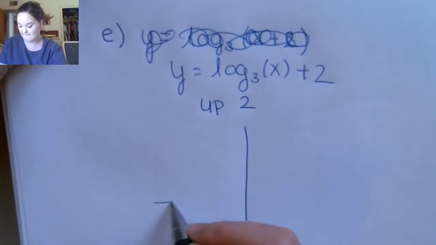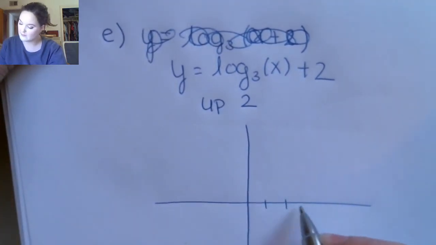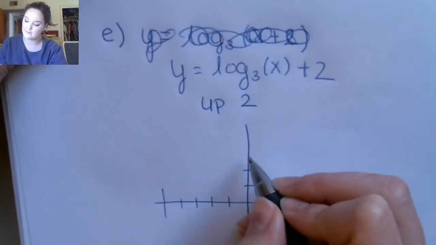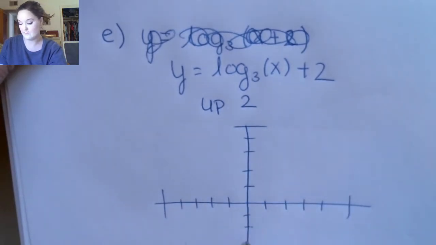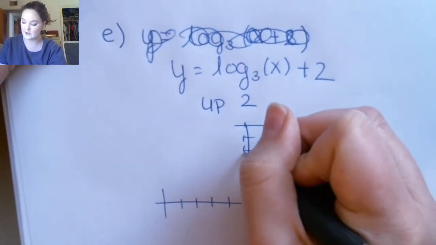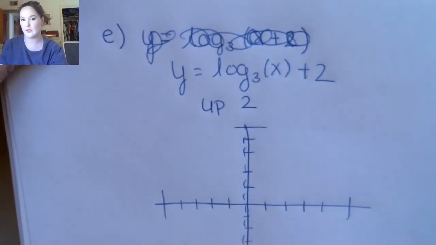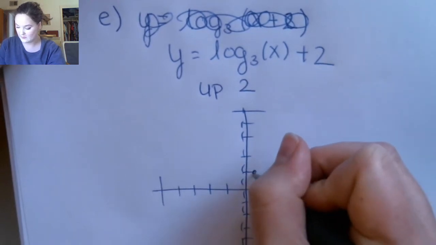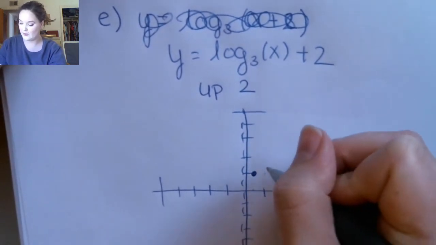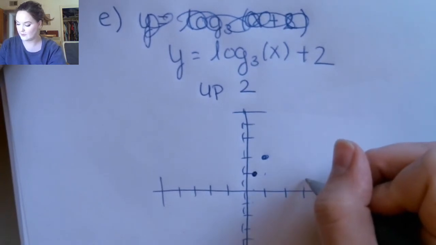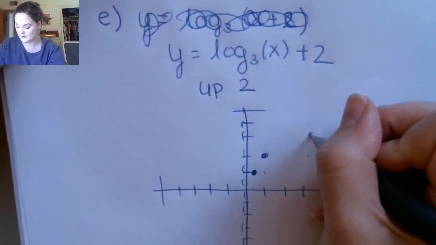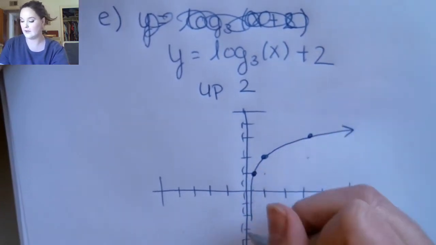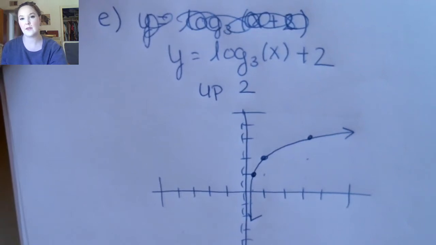So we still have our dotted line. This point is going to move from 1/3, -1 up 2. This point is going to move up 2. And this point from 3, 1 is going to move up 2. And we'll have our graph that looks like this.